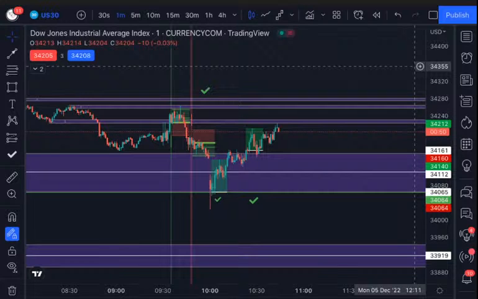Yeah, it's holding right there. It literally wicked off of the zone that I have. That's crazy.